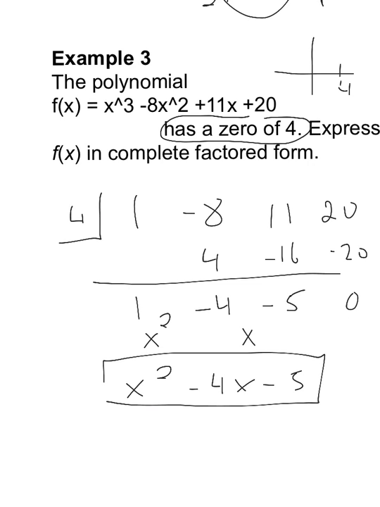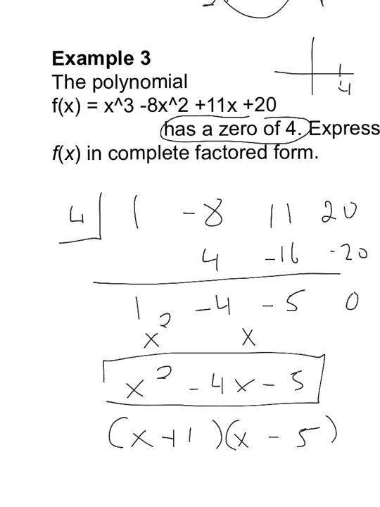If you think about this, this will be x times x, and think about the factors of negative 5. To get negative 5, it has to be 1 times 5, and one has to be negative, one has to be positive. So this will be x plus 1 and x minus 5, because if you distribute or FOIL, you will get x squared minus 4x minus 5.